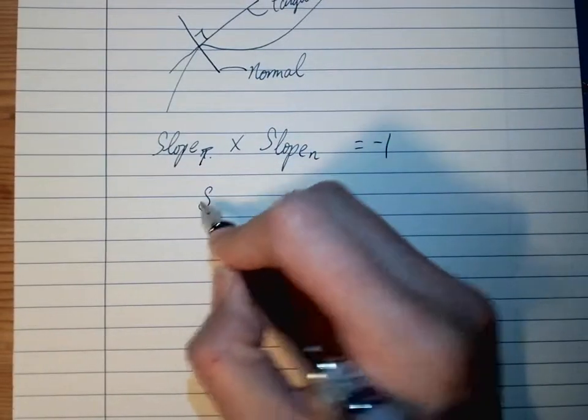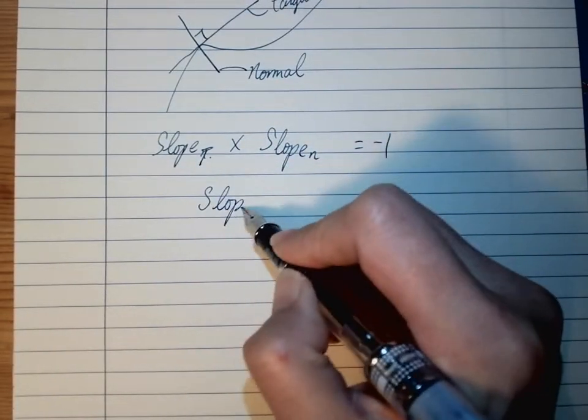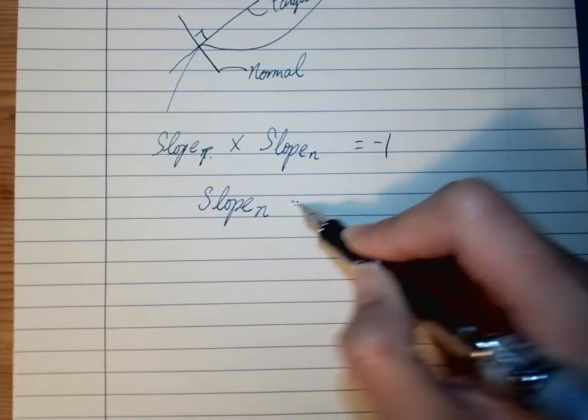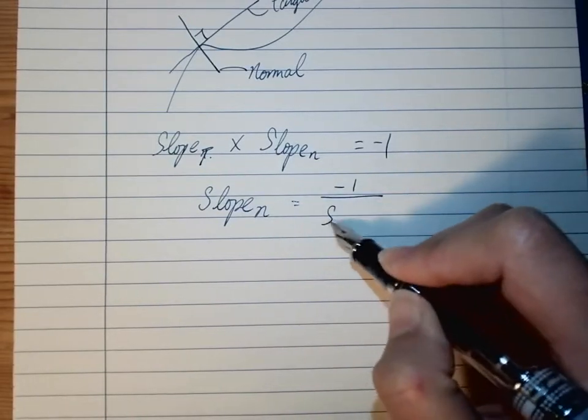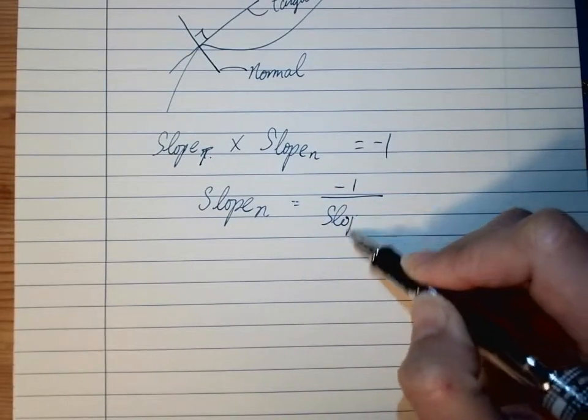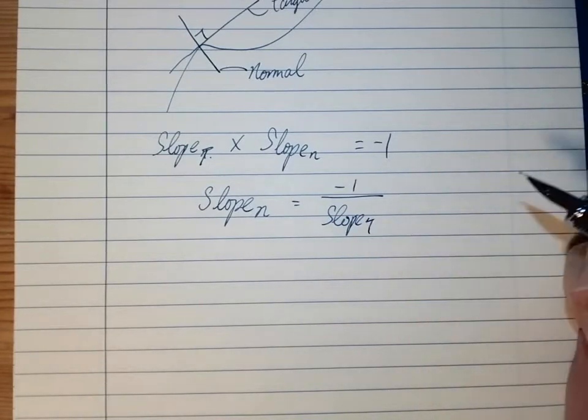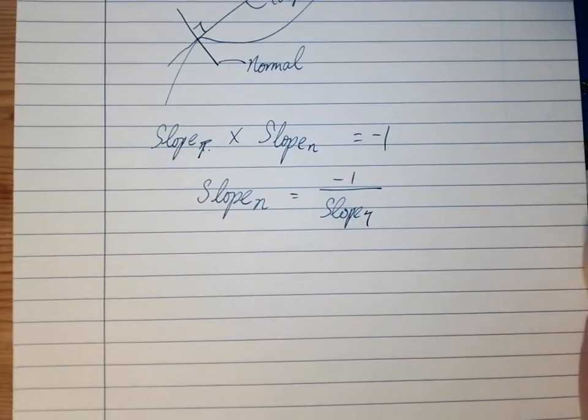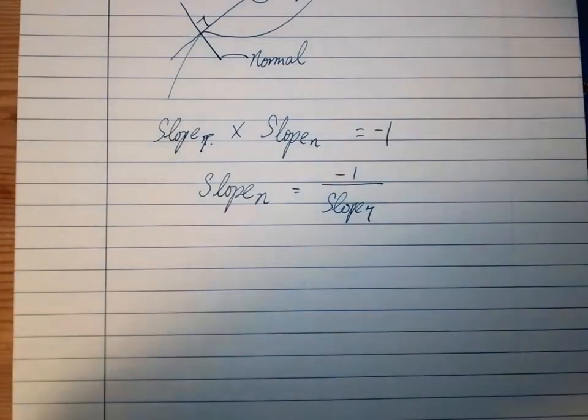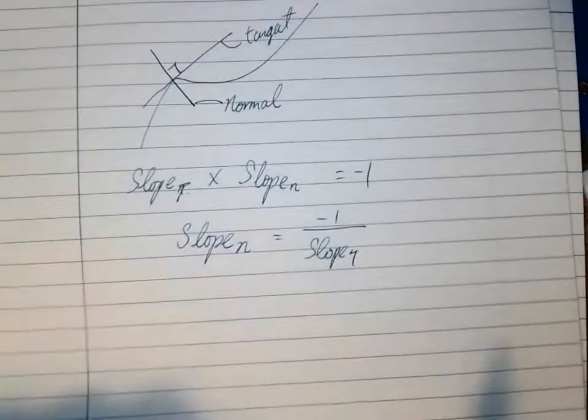In general, I teach my students to remember it like this: the slope of normal will be negative 1 over slope of tangent. Which helps us a little bit more in finding the equation of the normal. So let's have an example with that.